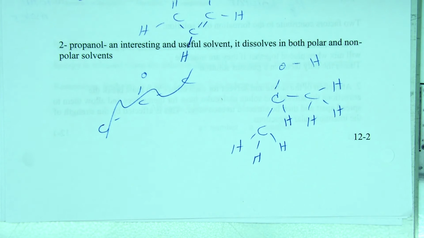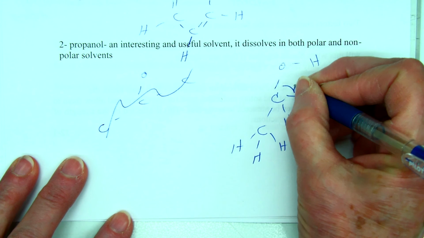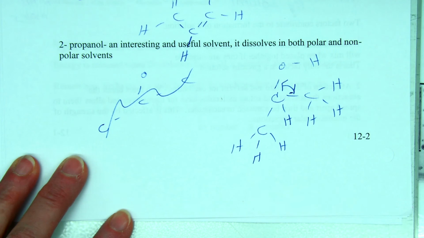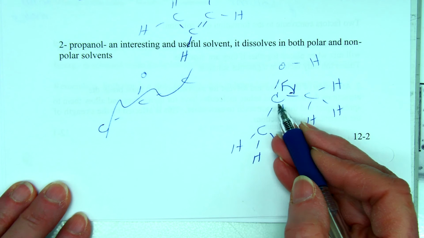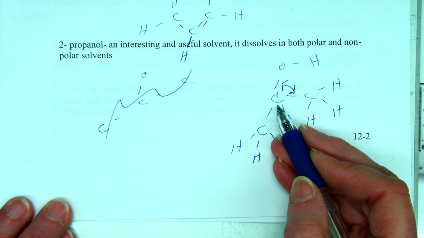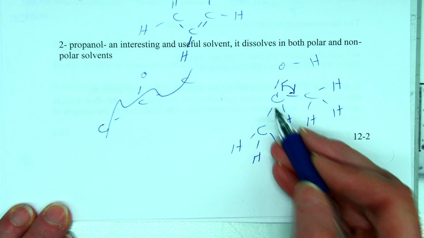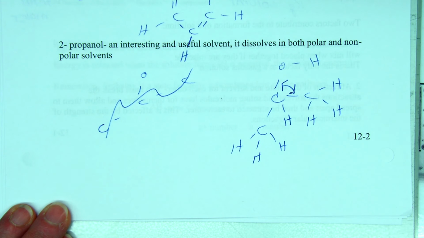So now when we look at this, I want you to start thinking about the shape of this molecule. What is the bond angle right here? What is the steric number for carbon, or how many electron domains does carbon have? 4. So when we have 4 electron domains, or the steric number is 4, what's the bond angle, Nick? Not 90.